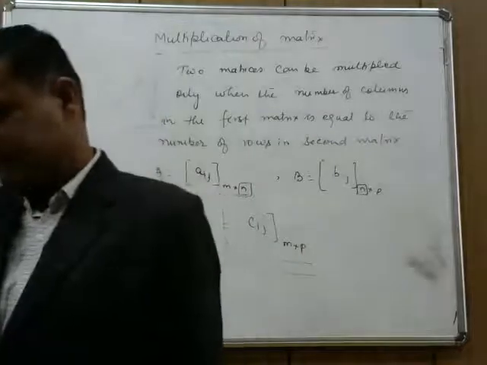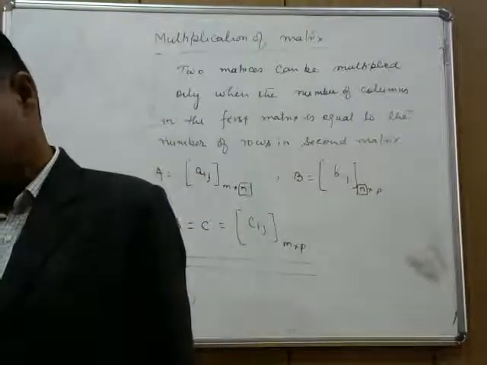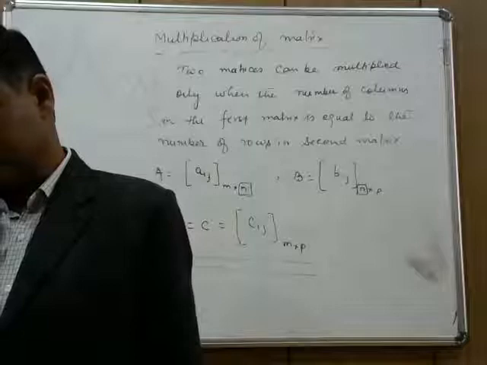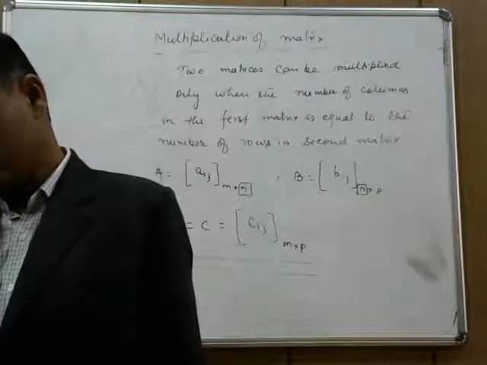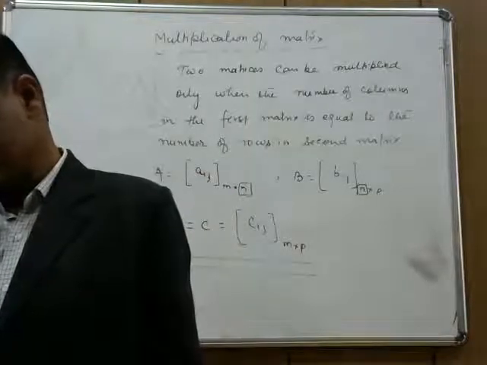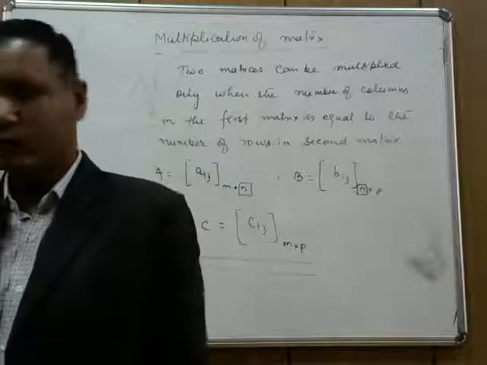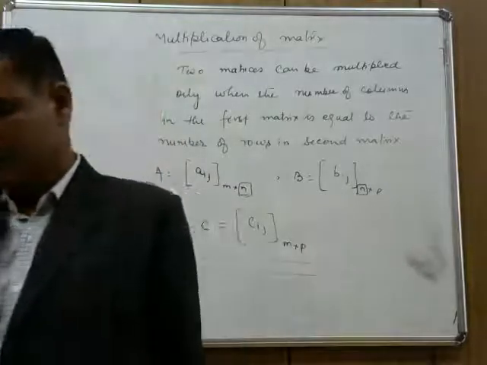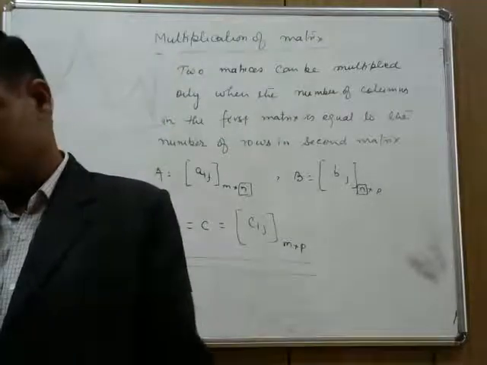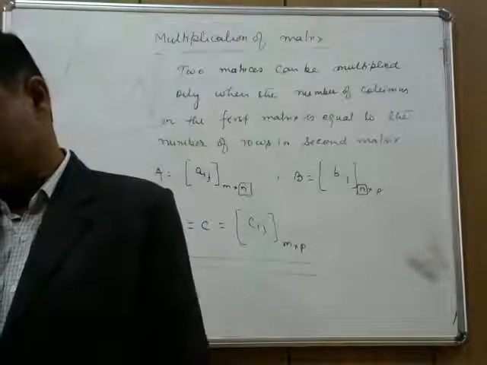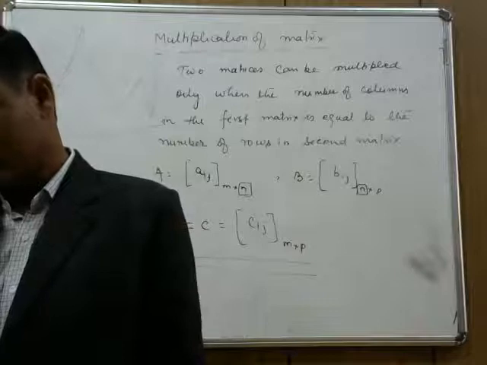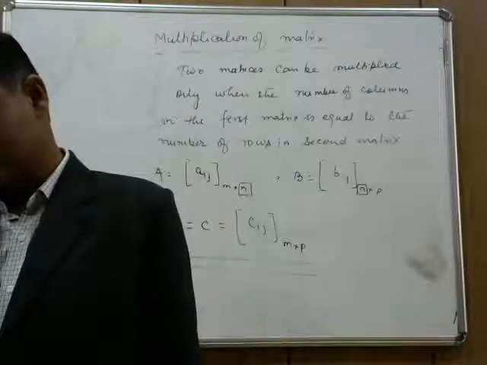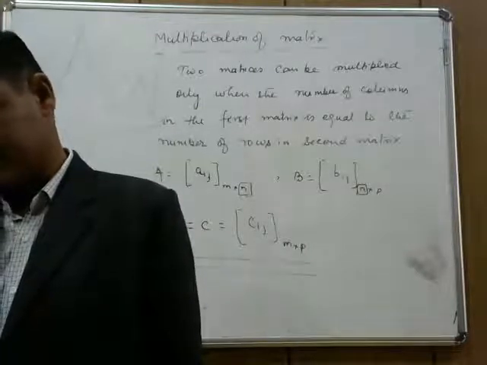And in the properties of multiplication, we write that matrix multiplication may or may not be commutative. That means AB may or may not be equal to BA. I have already discussed one example. That means if AB equals BA, then matrices A and B are commutative matrices.